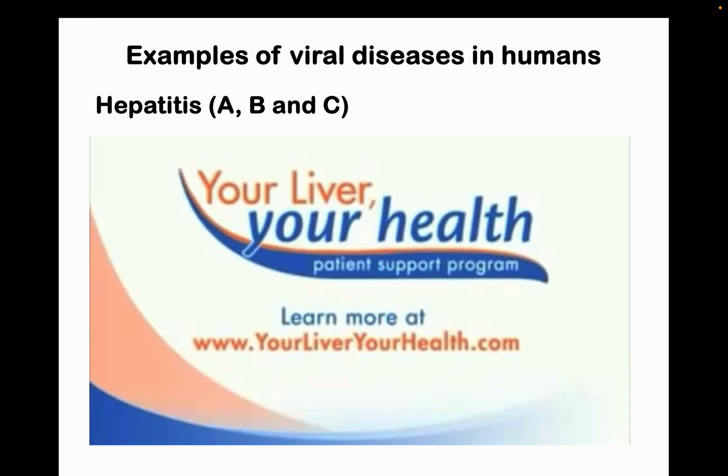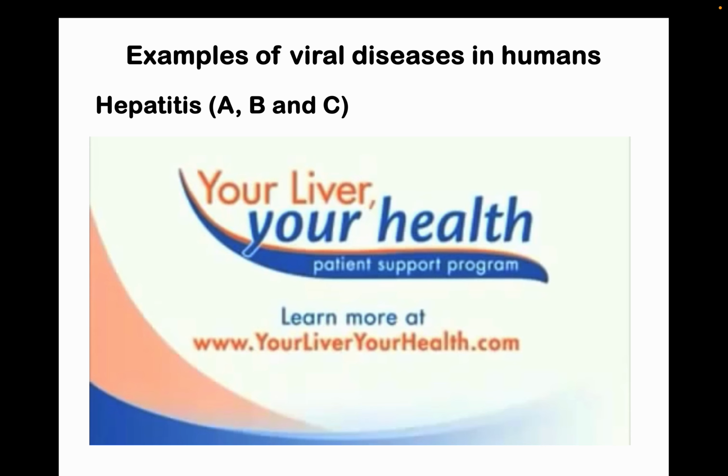So, we have the A, B, C, D, and E. And all of them can cause liver disease, but there are differences in terms of transmission routes, the severity of the illness caused, how distributed the virus species are around the globe, and also different prevention methods.